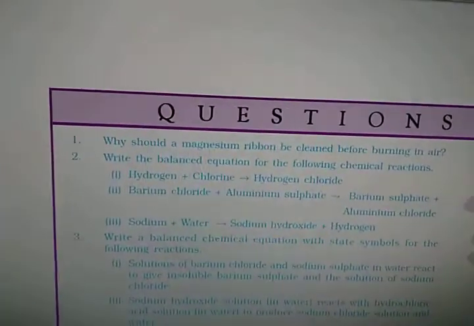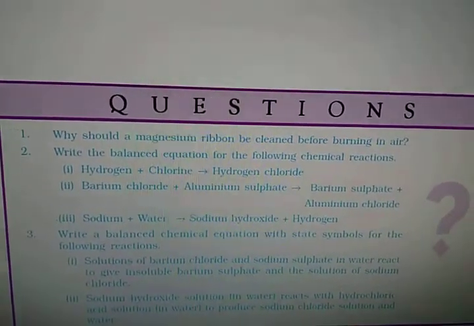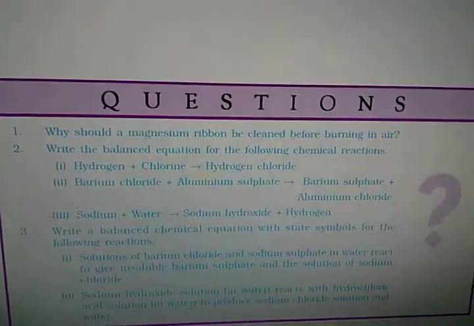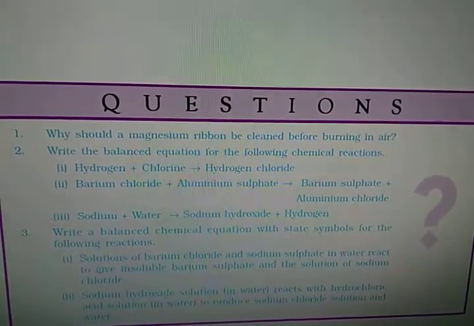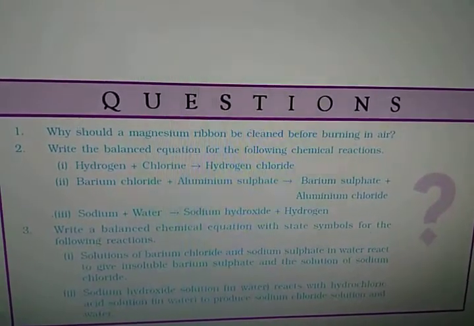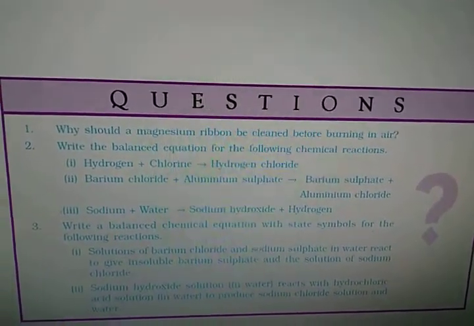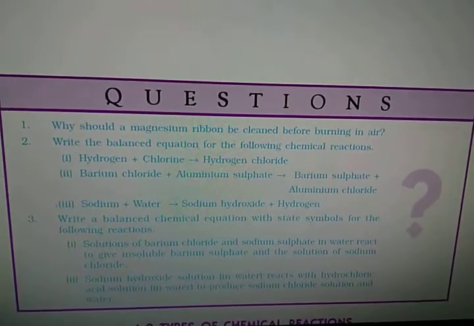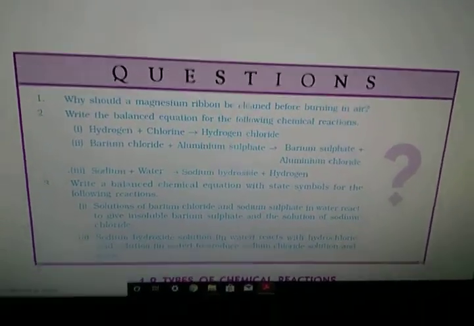Our another reaction, word equation: barium chloride reacts with aluminium sulfate and changes into barium sulfate plus aluminium chloride. First we convert this word equation into the chemical skeletal equation.